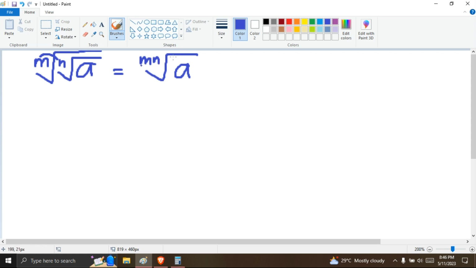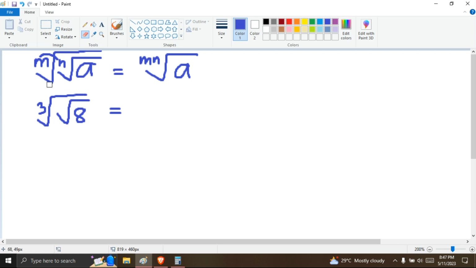So let's take for example the cube root of the square root of 8. When there is only a square root, there is no written index, but it can also be like this one.